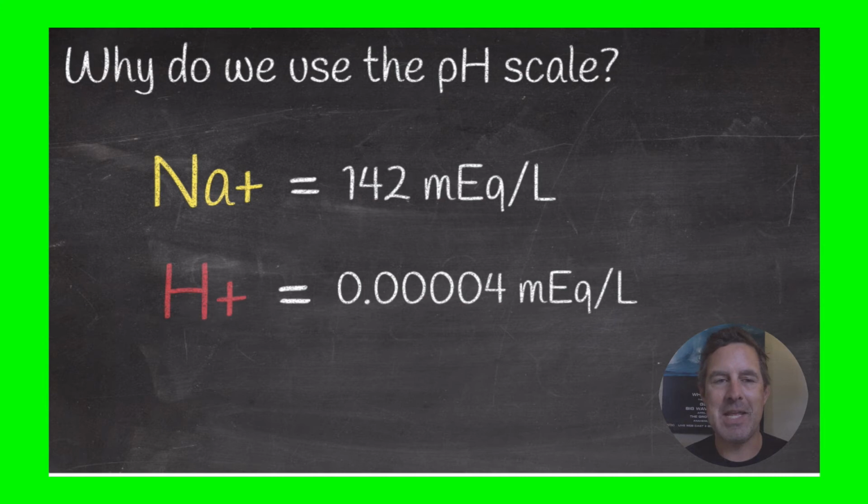That is to say, sodium is 3.5 million times more concentrated than the hydrogen ion. So if we just convert the hydrogen ion to a logarithmic scale, which is exactly what the pH scale is, it offers us numbers that are much easier to deal with.